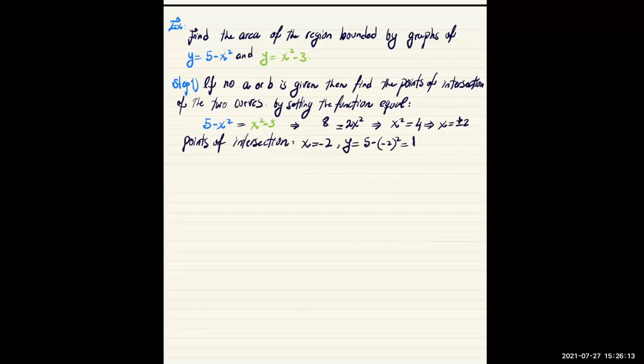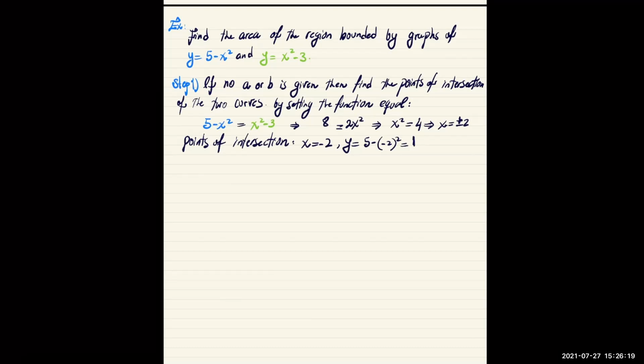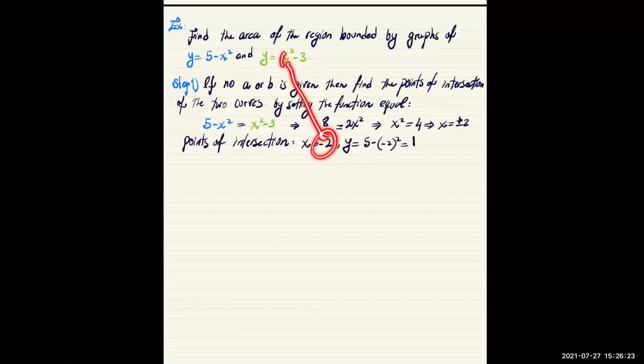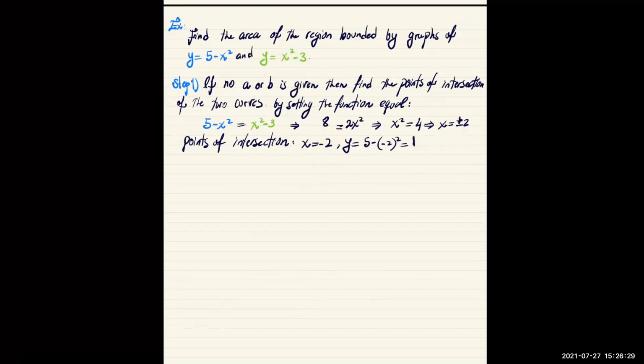If you put positive 2 in there, you also get 1. And if I plug negative 2 into the other one, negative 2 squared is 4, 4 minus 3 is 1.